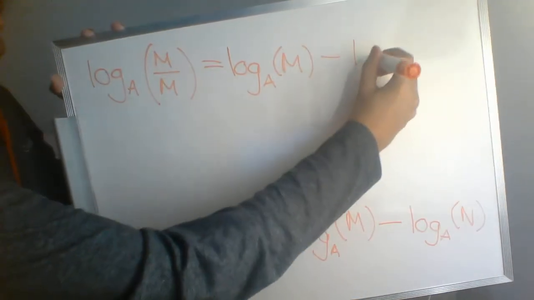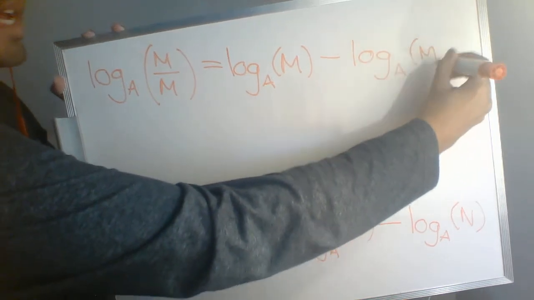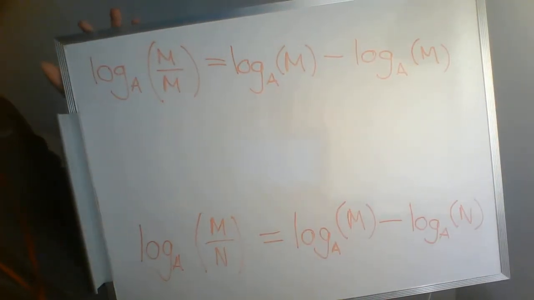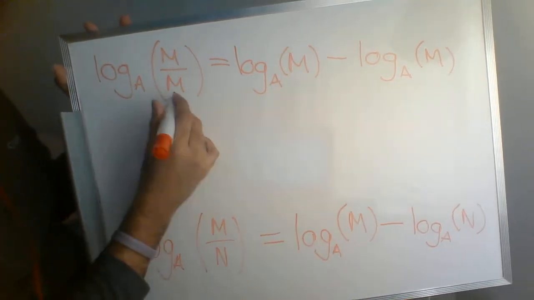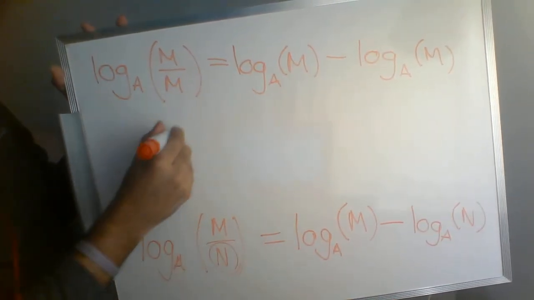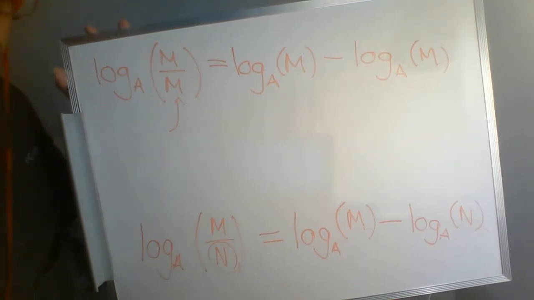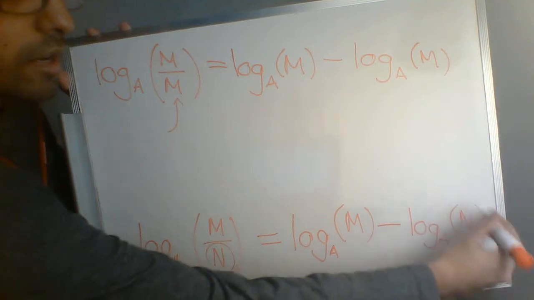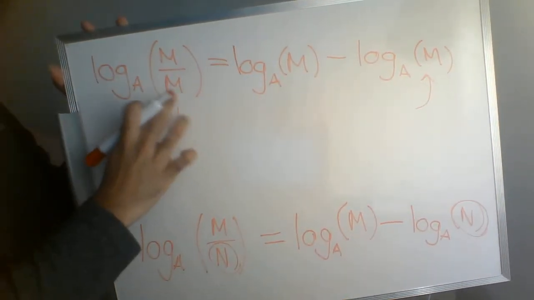So we're going to put log base a of m again, right? What this has done for us is we've changed the n that was down here to an m right there, and the n that was over there, this n right here, has changed into an m up there.